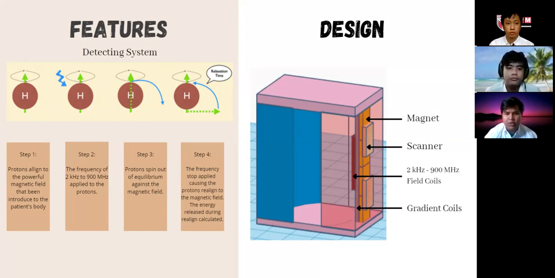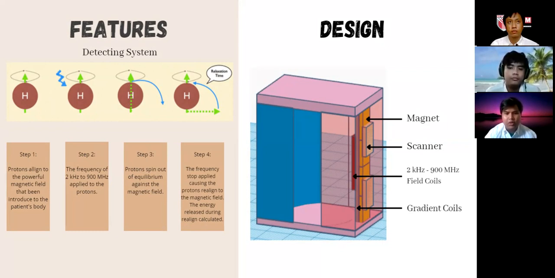So what happens during the detecting system? First, the big magnet in our machine produces a powerful magnetic field which goes through the patient's body. The magnetic field causes the protons in the patient's body to align with the magnetic field.